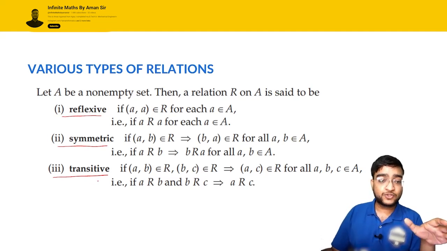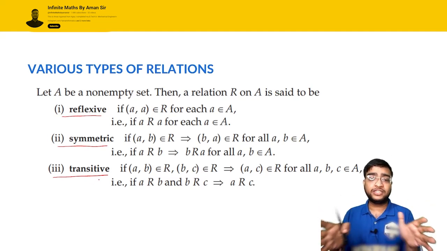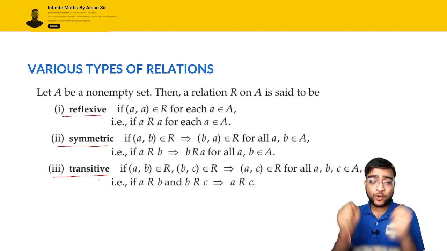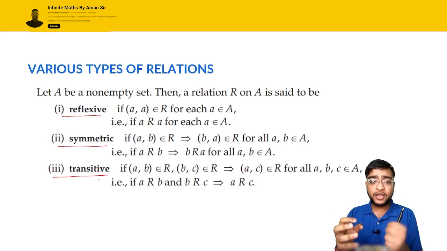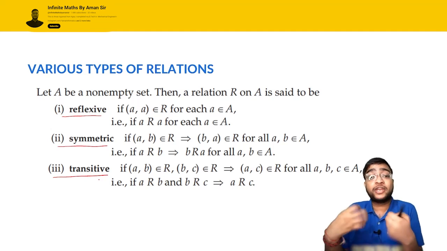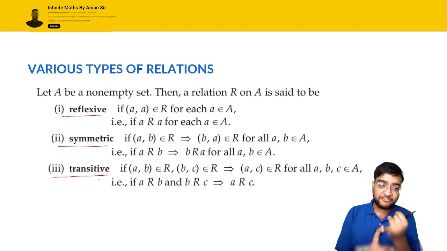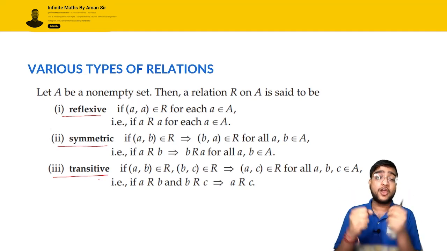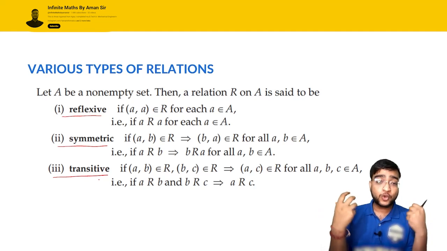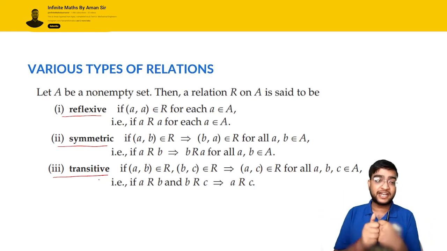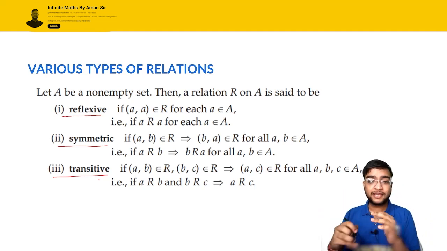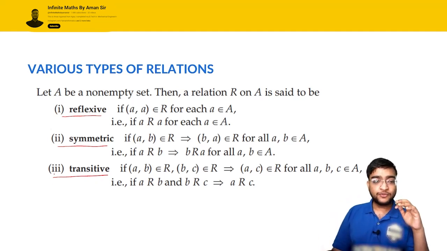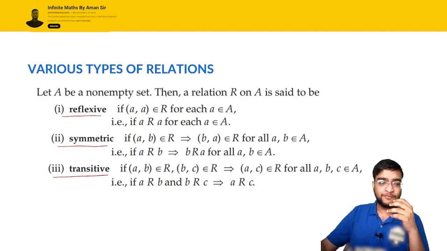In this lecture, we revolve around these three types of relation. Rather than focusing on the definition, we will take more and more examples, because for reflexive, symmetric, and transitive you must practice all those examples and questions for a better understanding of these types of relation. So we take more examples but less theory, only the relevant theory.